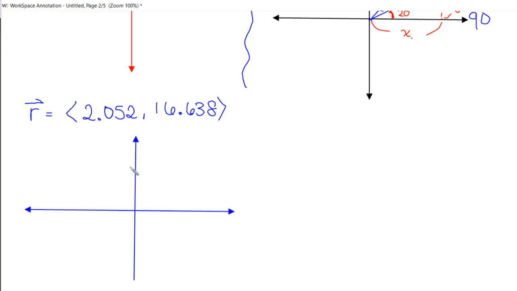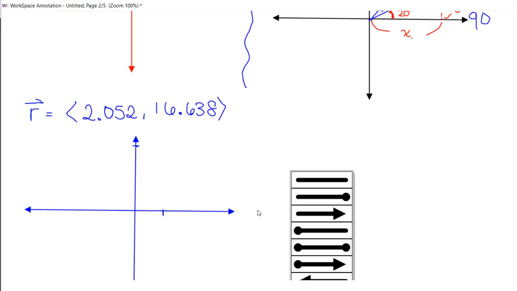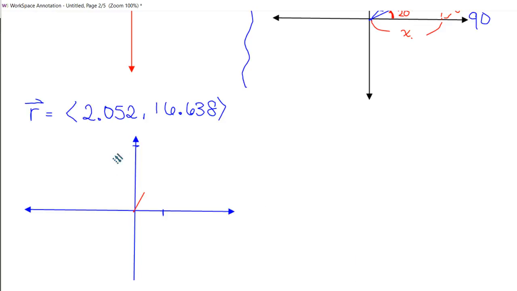So I'm going to be over 2.052 and up 16.638. Let's go ahead and draw that. It's going to look somewhat like it's starting at 0, and that's going to be my resultant vector. If we add those 2, that's where we say we're going to end up.